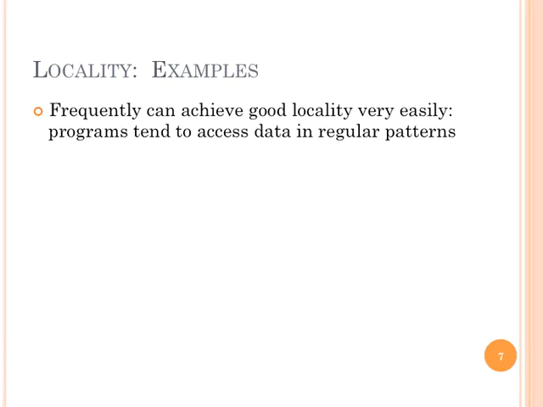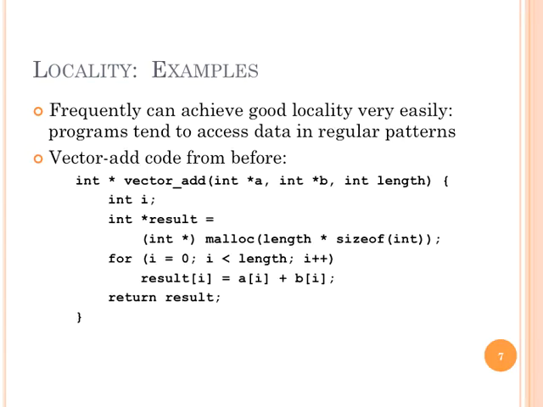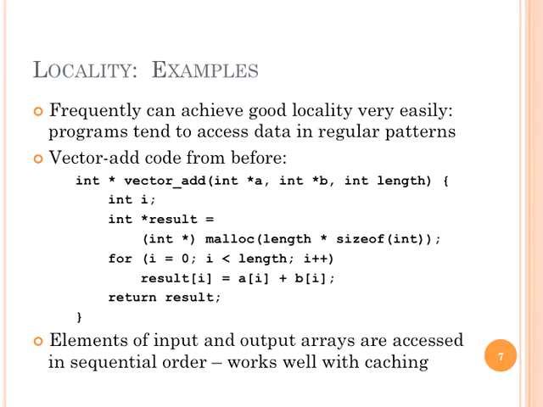Okay, now, it is easy to get good locality, at least if you're thinking about it. It's certainly also easy to design programs that have terrible locality. You'll see a good example of that on Assignment 5 as well. But our vector add code from, what was it, like Lecture 7 or whatever, is a great example of good spatial and temporal locality. Okay. In fact, this is mainly spatial locality. We don't see the same thing accessed multiple times.